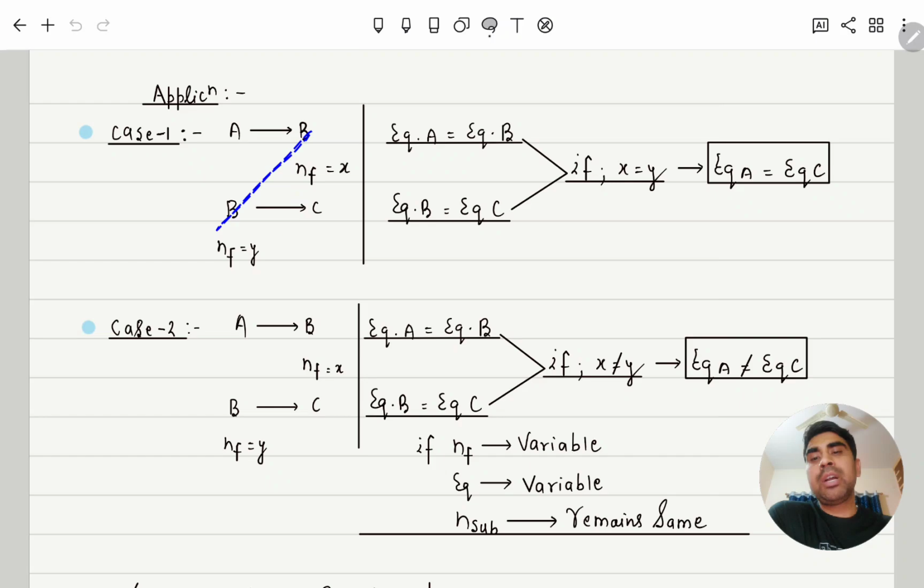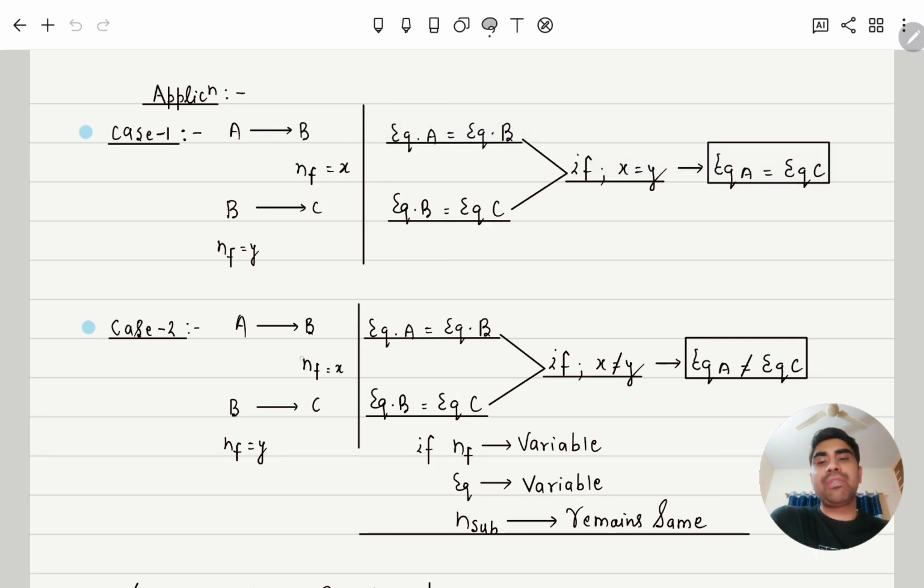Since B is the same, the amount is the same, and if the N factor is also the same, then applying the law of equivalence: equivalence of A is equal to equivalence of B, and equivalence of B is equal to equivalence of C. Since the N factor is the same, the number of moles is always the same: number of moles into N factor, number of moles into N factor. So this equivalence is the same, meaning equivalence of A is equal to equivalence of C.